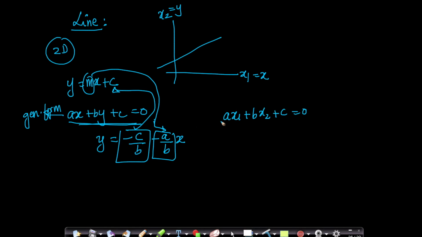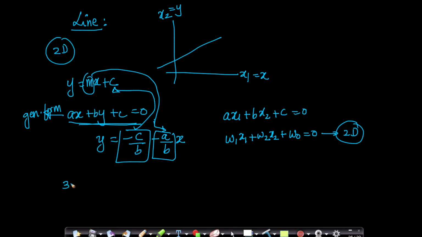If I want to use 100 dimensions, I don't have enough alphabets. So I can write w1 x1 plus w2 x2 plus w0 equals 0. Instead of a, I'm writing w1, instead of b, I'm writing w2, instead of c, I'm writing w0. This is the equation of a line in 2D.